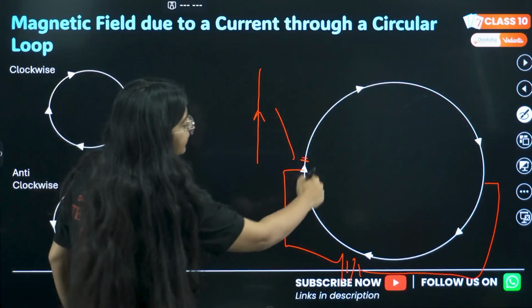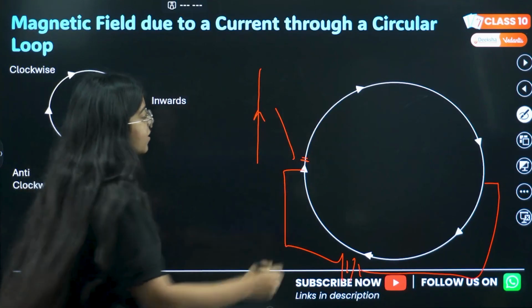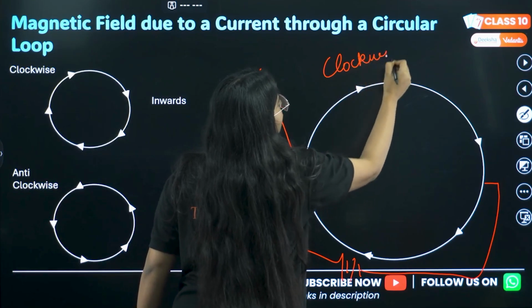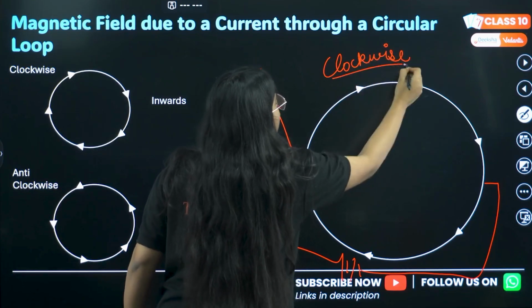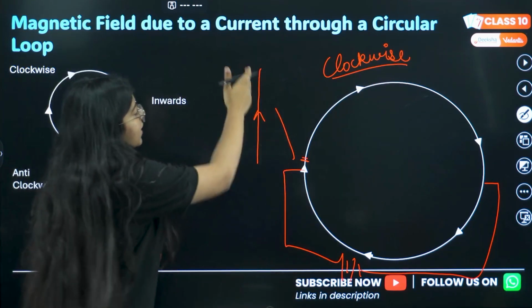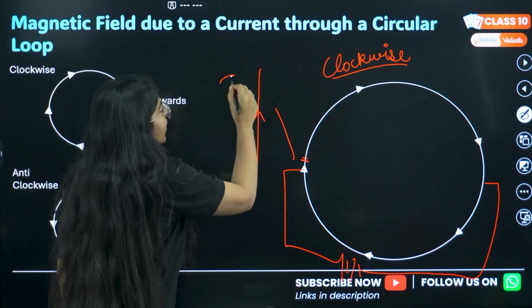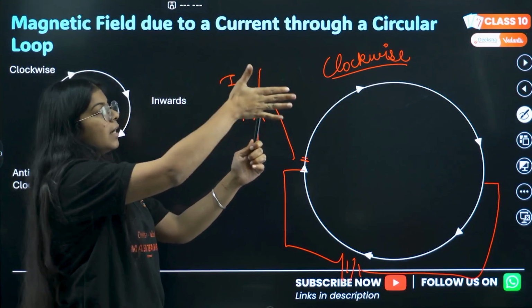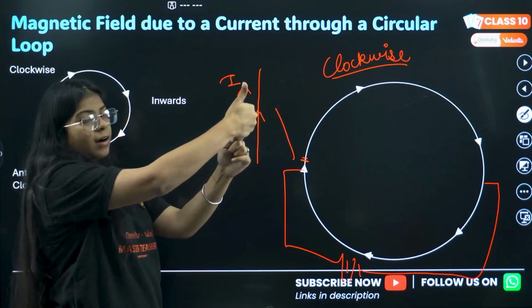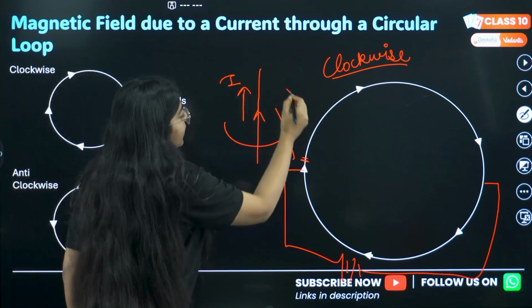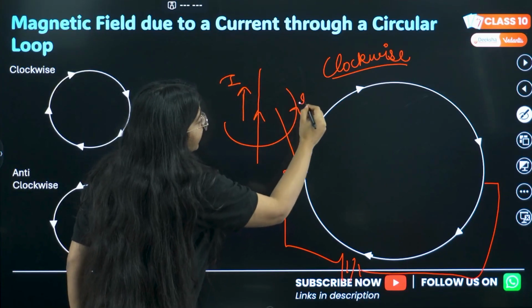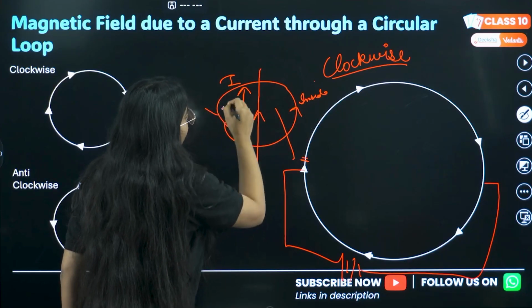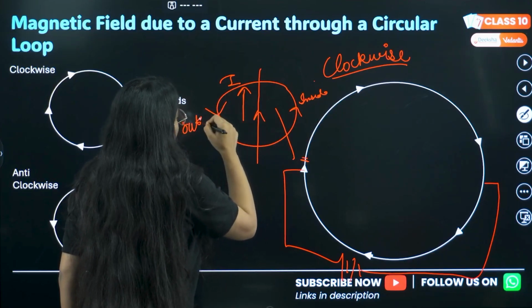So let's say in this case my current is clockwise, correct? If I zoom in, I'll see the current is in the upward direction. If I hold this wire in my hand and curl the fingers, the magnetic field lines are going inside, and from this side they are coming outside.